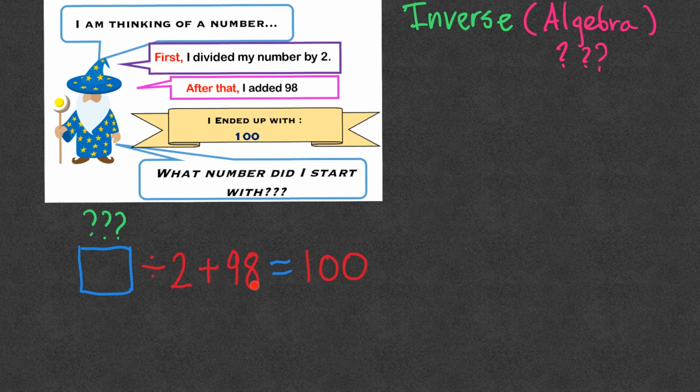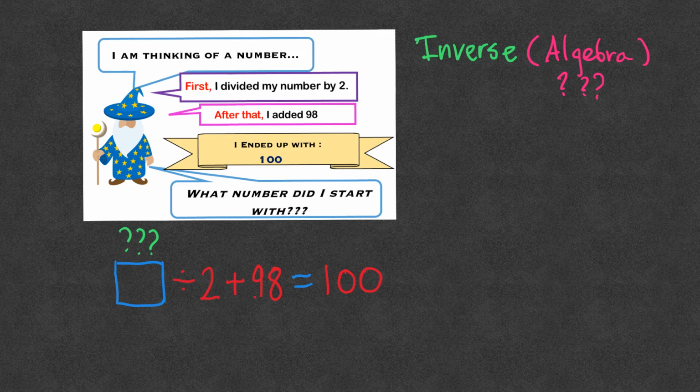So first I want to remove 98 to get closer to my missing part. So I'm going to subtract 98 from 100, because I need to remove it from both sides so they're equal.